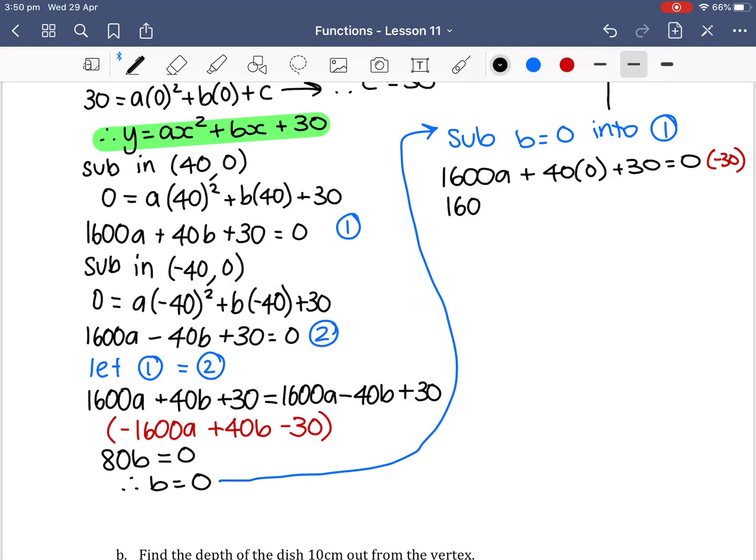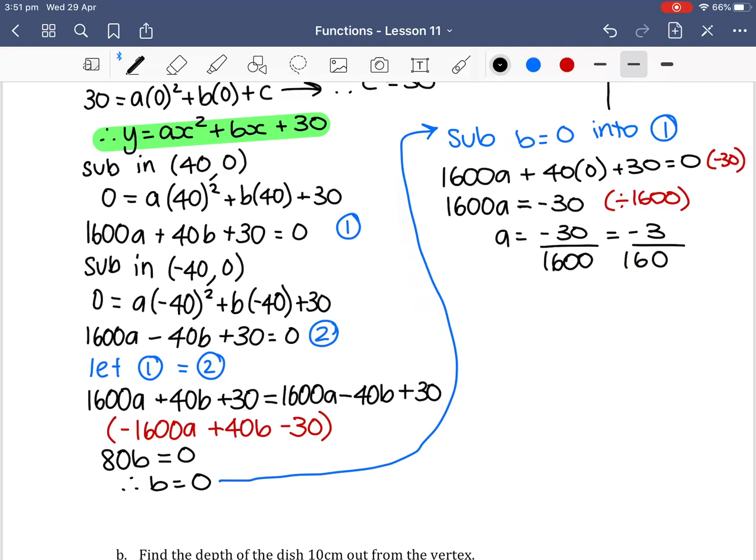So we have 1,600a plus 40 times 0, which is just 0, equals minus 30. We're then going to divide both sides by 1,600. So we get a equals minus 30 over 1,600, which cancels down to minus 3 over 160. So therefore we have our a equals minus 3 over 160, our b equals 0, and our c equals 30.